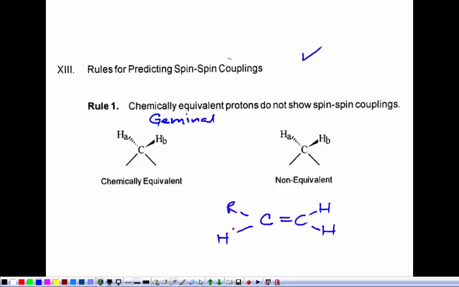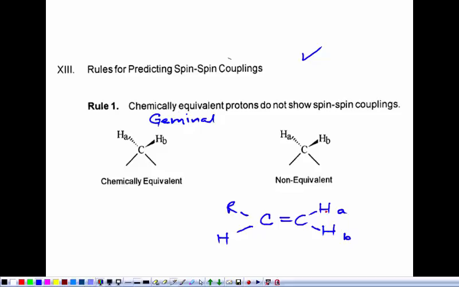So in terms of our spin-spin couplings, these slides are basically a review of the previous slides. In particular, there's what's called a geminal system. In lecture, I've talked about geminal dibromides, where you have 2 bromines attached to the same carbon.